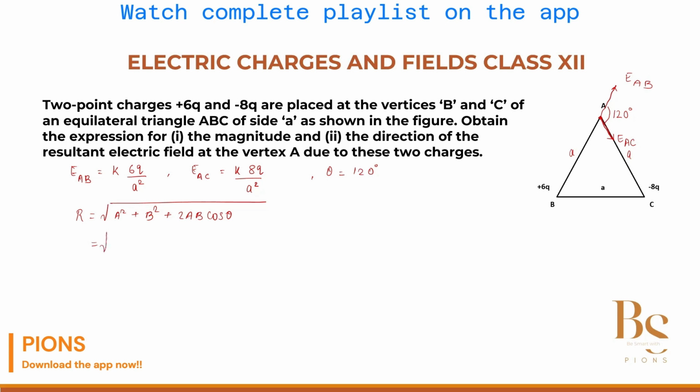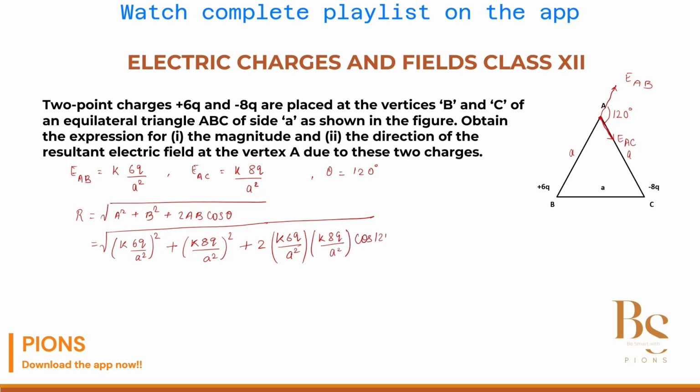Now this will be equal to root under A square plus B square plus 2AB cos theta. What is A? A is K into 6Q upon a square, the first vector, whole square, plus the B vector, which is K into 8Q upon a square, whole square, plus 2 times A into B, K into 6Q upon a square into K into 8Q upon a square, cos of 120.